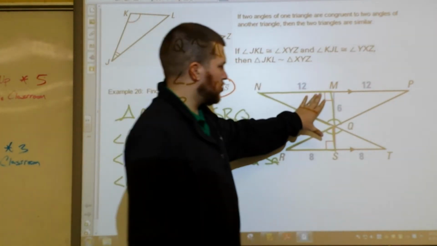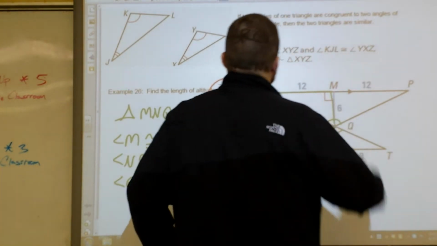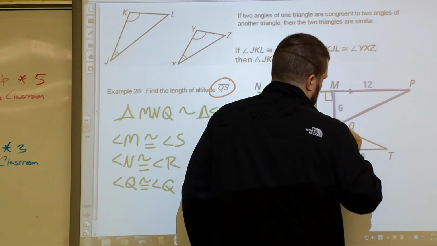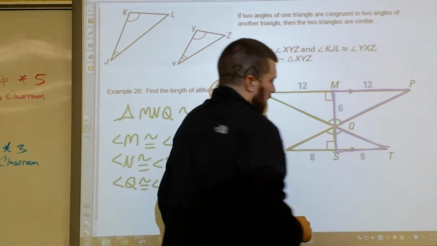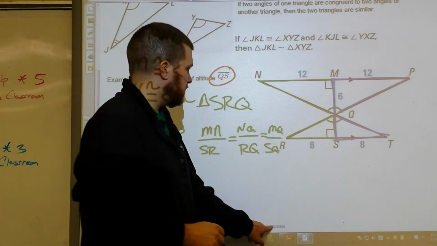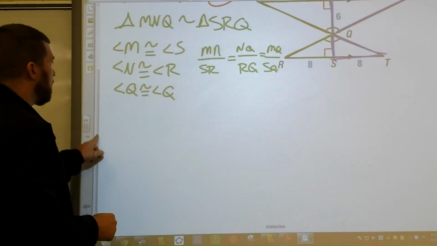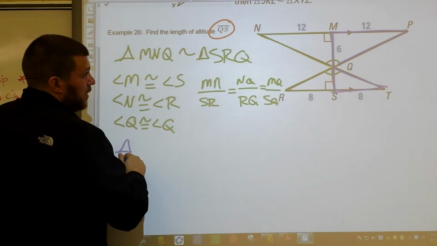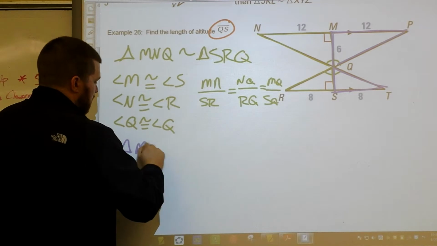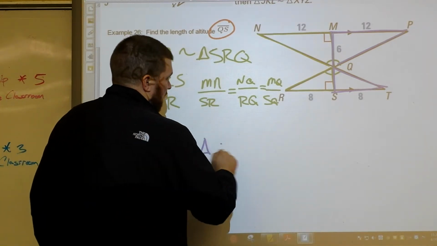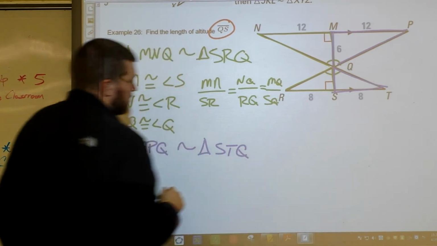Also, since these two triangles are similar, it kind of makes sense that these two triangles are similar. So I'm going to write that similarity statement as well. Okay, so I'm going to need some extra room. So I have triangle MPQ is similar to triangle STQ.